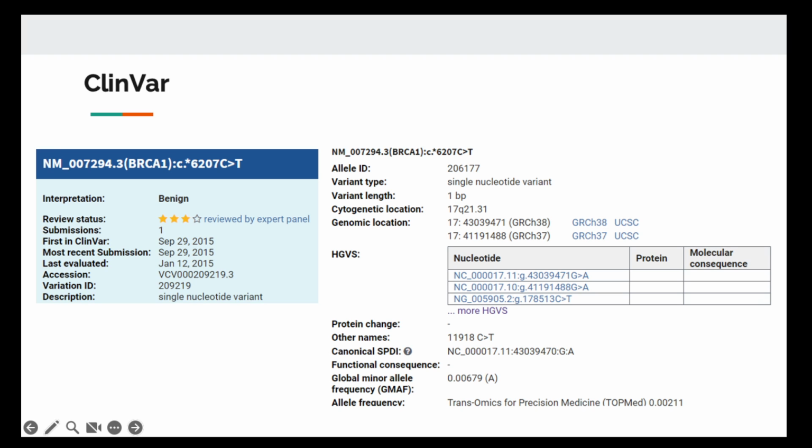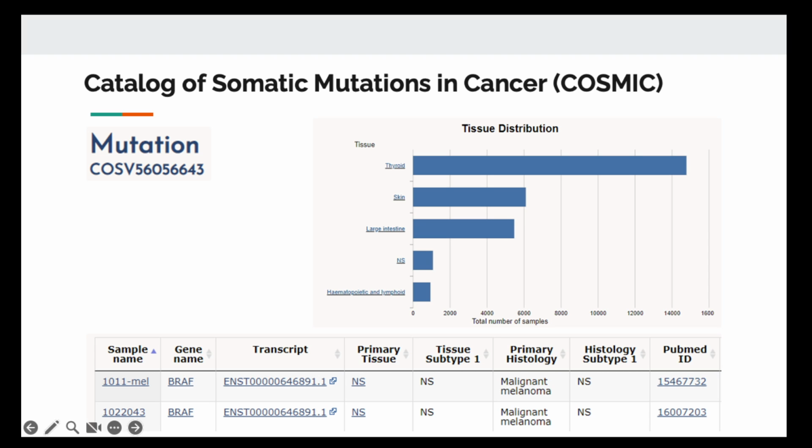And here, there's also the allele frequency for this mutation, just to give you an idea of how rare or how common the variant you are looking at is. Databases like COSMIC, the Catalogue of Somatic Mutations in Cancer, also summarize the allele frequency of each mutation separated by different cancer types.